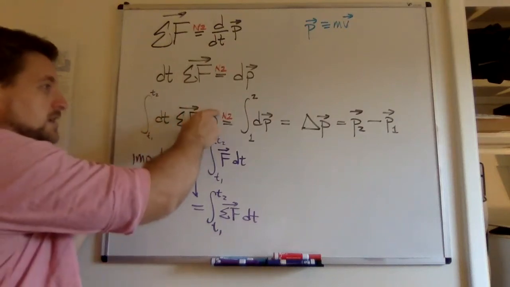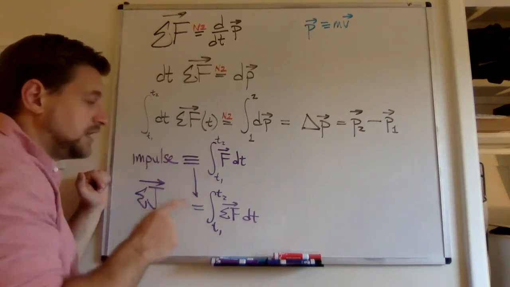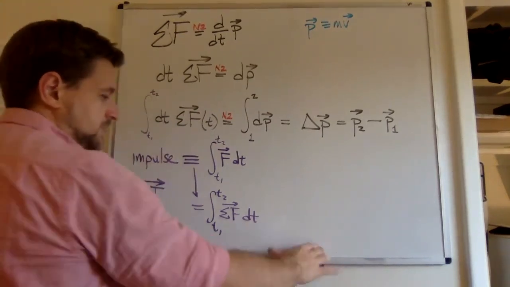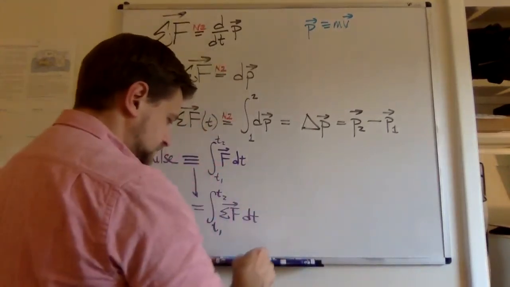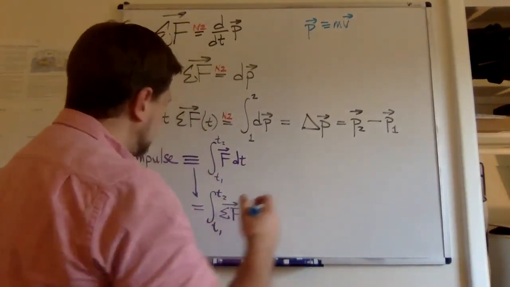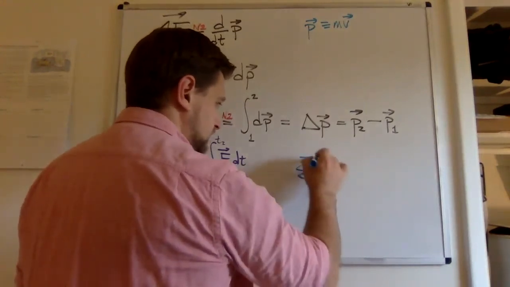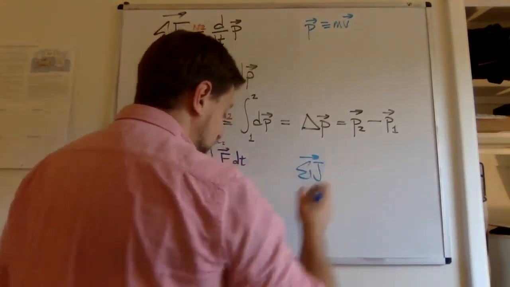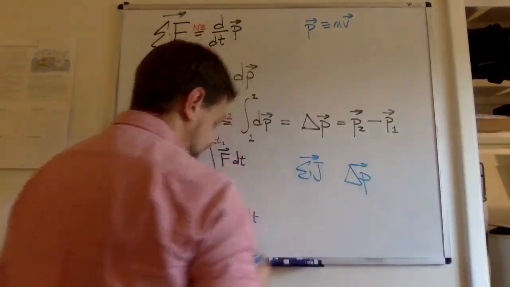And Newton's second law says that it is related to the change in momentum. So let's write that here. I'm going to write that the net impulse is equal to the change in the momentum.